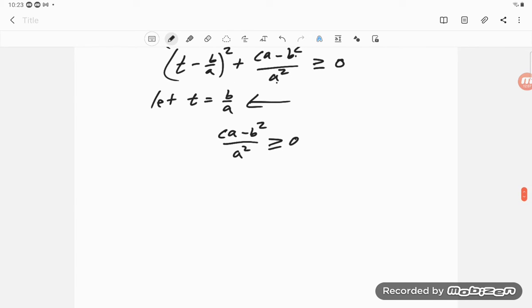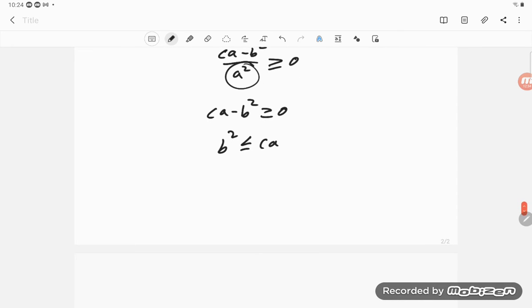And so if this is greater than 0, the denominator's not negative. And so since it's positive, that implies c a minus b squared has to be greater than or equal to 0, which means that b squared is less than or equal to ca.